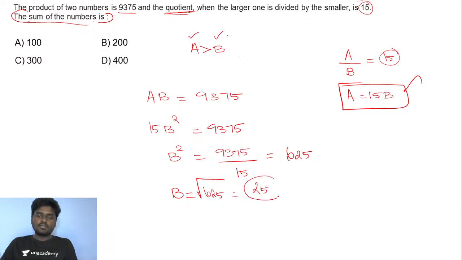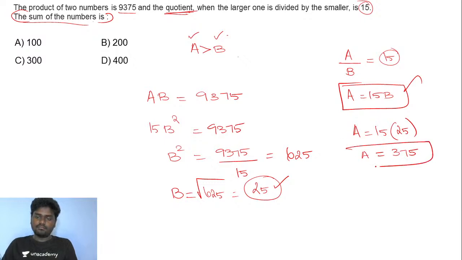That's it. So the value of B, which I got to be 25, and A will be ultimately 15 into 25, which is nothing but 375, the value of A. And they're asking you to find the sum of the two numbers, A plus B. The sum of the two numbers is 375 plus 25.